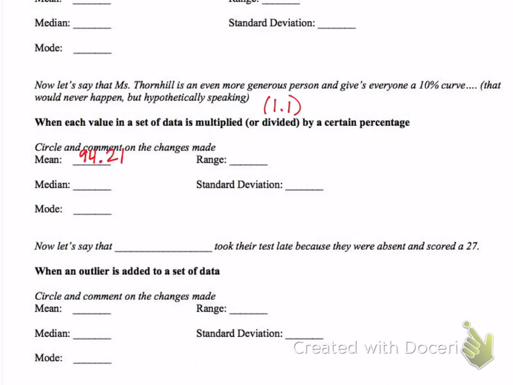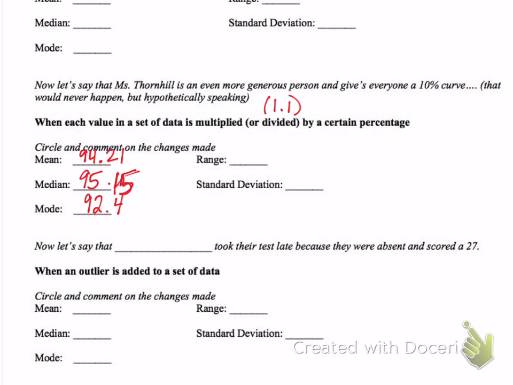94.21. And what about my median? 95.15. What about your mode? What number occurs the most often in your list? 92.4.